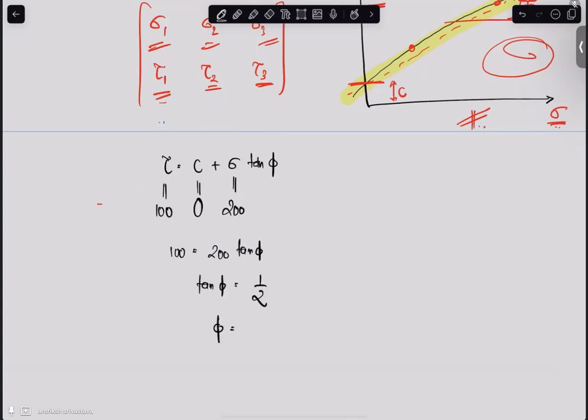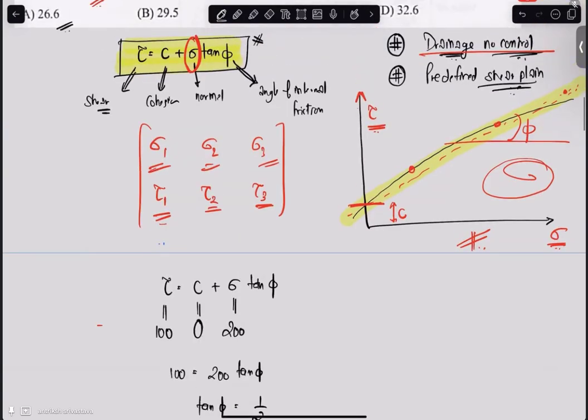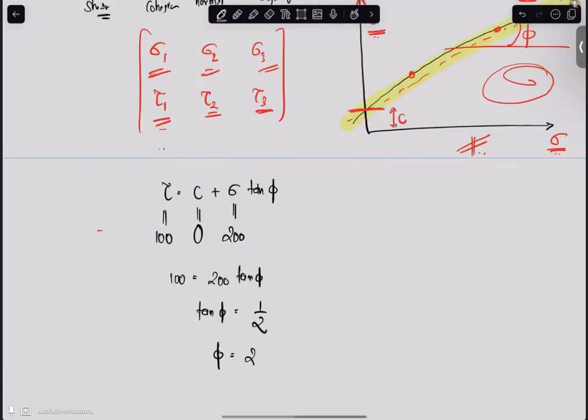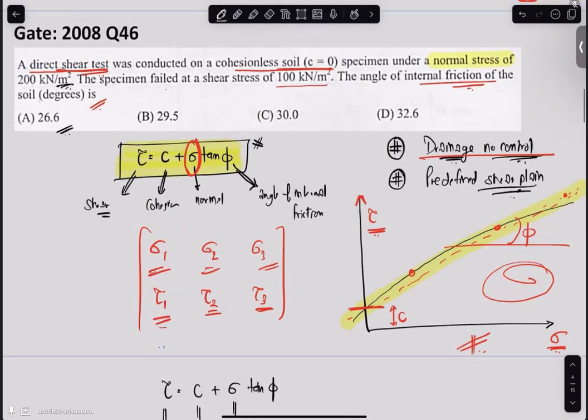So the value of phi is going to be 26.56 degrees, somewhere around this. And what is the closest option that we have? We have the option of 26.6 degrees, so we are going to select that as the answer. So that was about the direct shear test question.